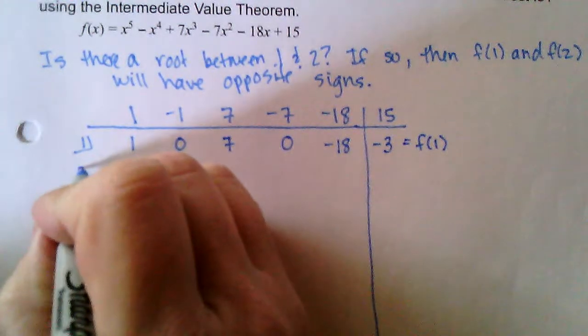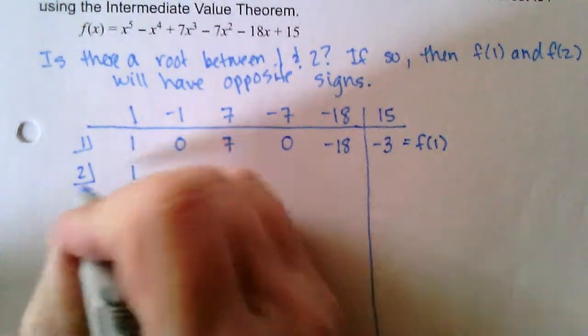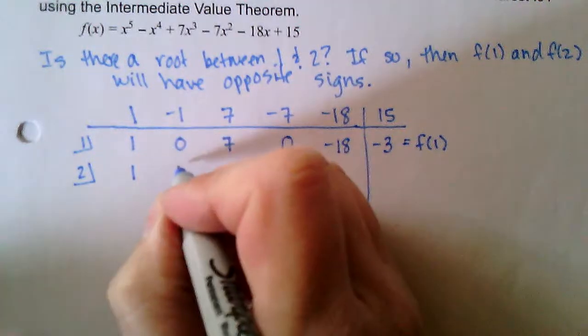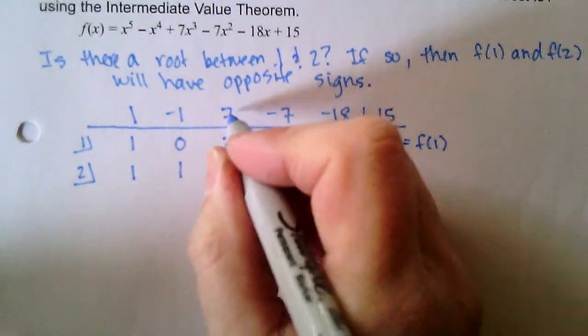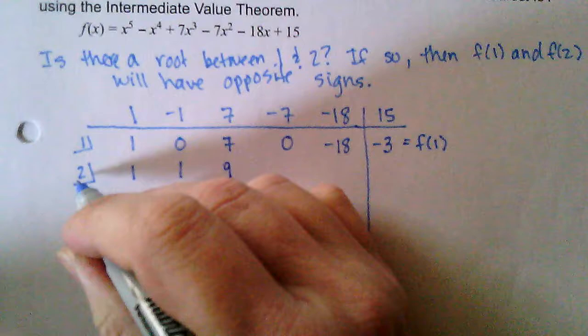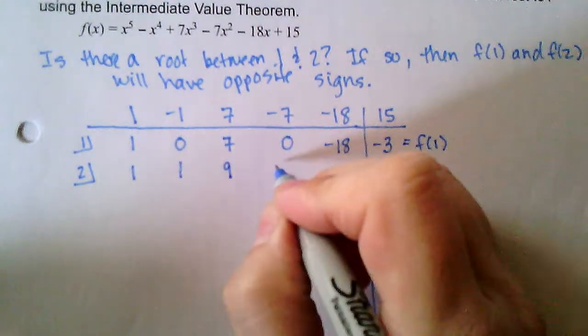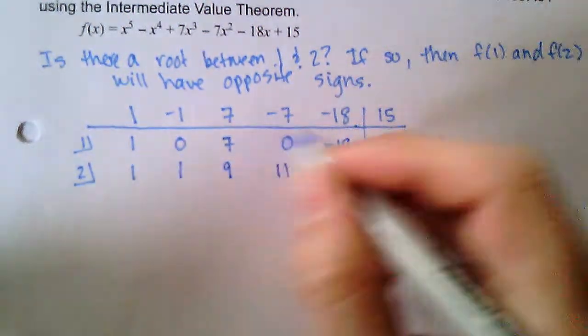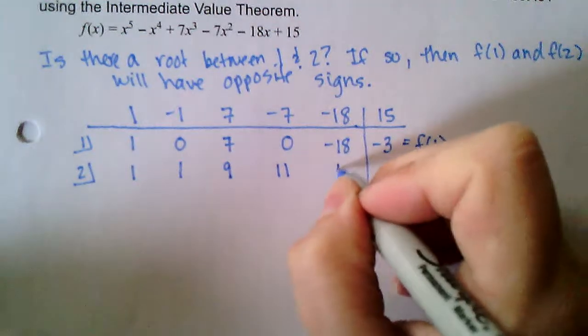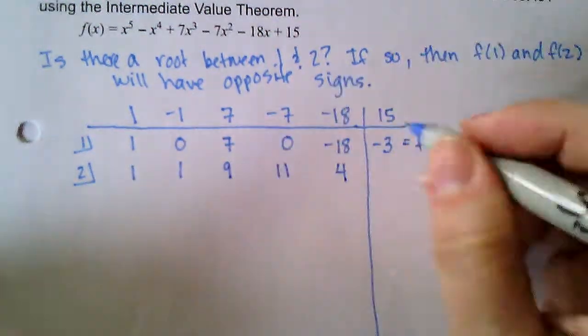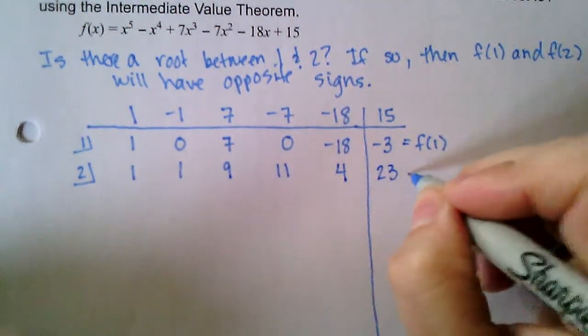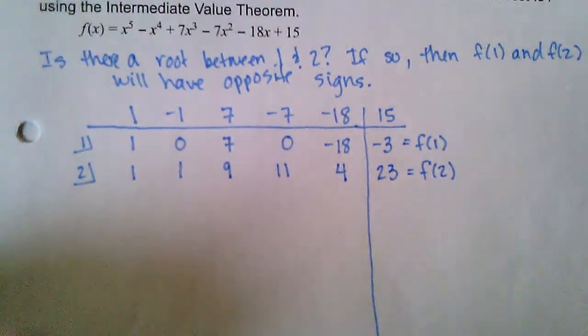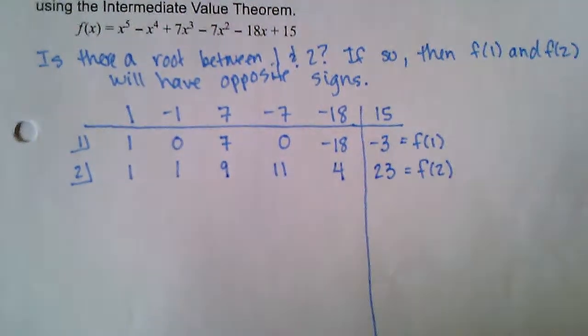Let's try f of 2. 1 drops down. 2 times 1 is 2, plus -1 is 1. 1 times 2 is 2, plus 7 is 9. 9 times 2 is 18, plus -7 is 11. 11 times 2 is 22, plus -18 is 4. 4 times 2 is 8, plus 15 is 23. So f of 2 is 23.